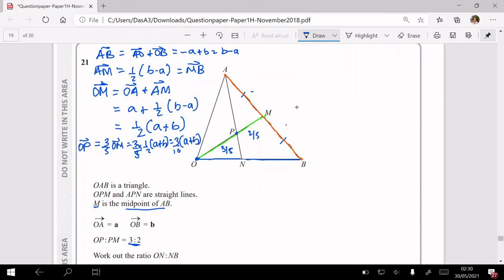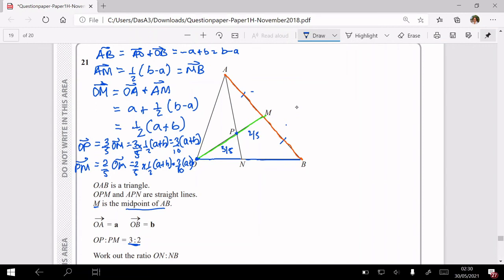Let's do a similar calculation for PM, which is 2/5 OM, which is 2/5 times half (A plus B), which should give you 2/10 (A plus B).